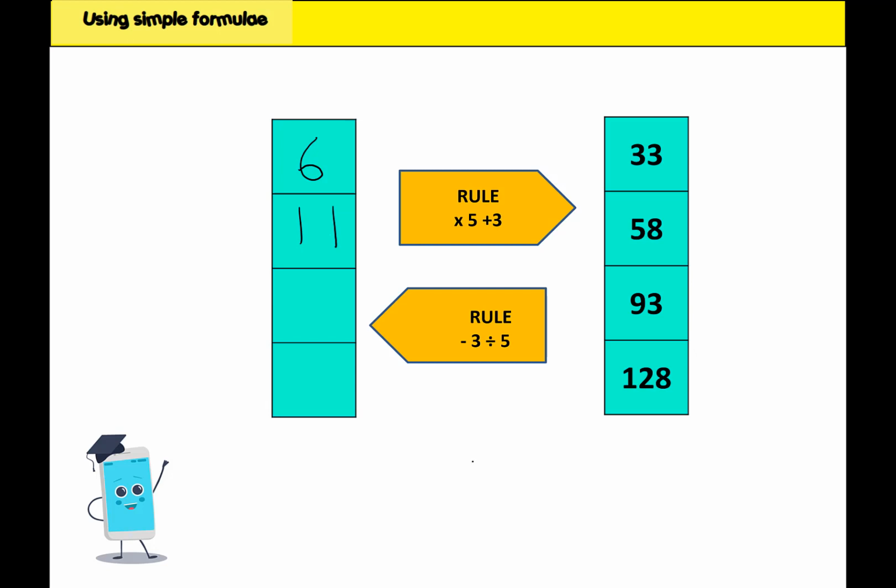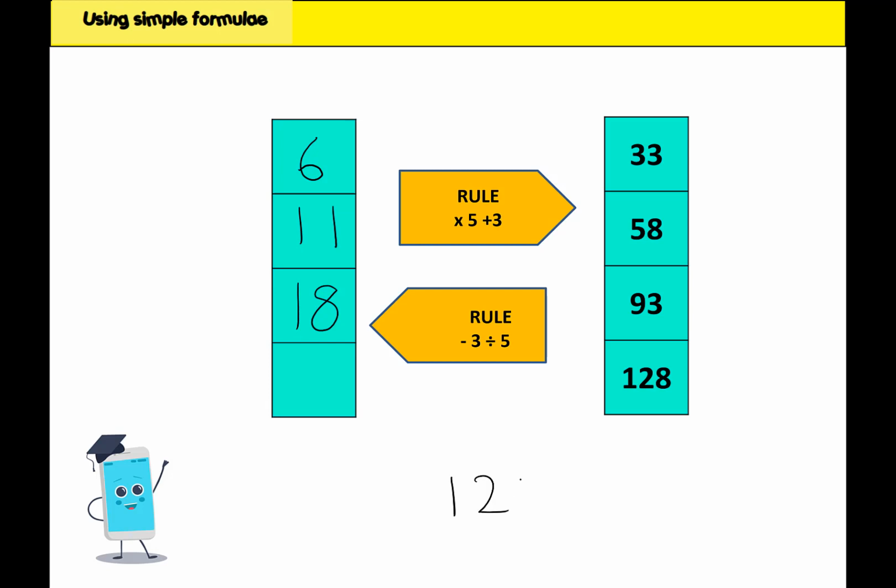If you can't do that in your head, you can do a written method. So we can quickly divide that by 5. 5 into 9 goes once with a remainder of 4, and 5 into 40 goes 8. Okay, and our final one, 128, subtract 3 is 125.